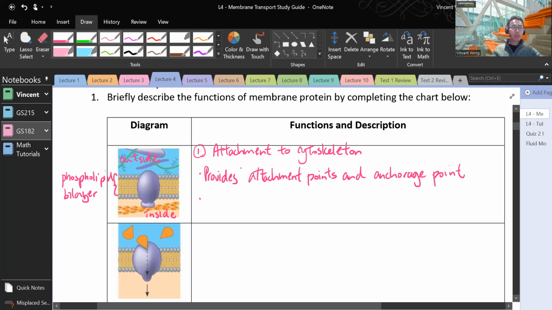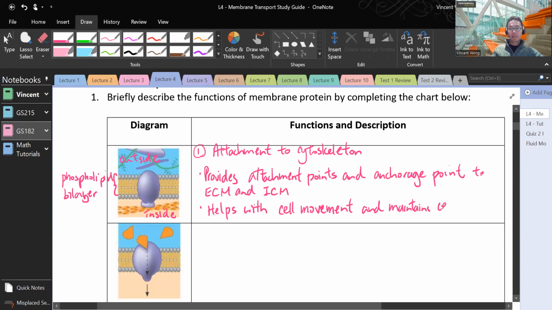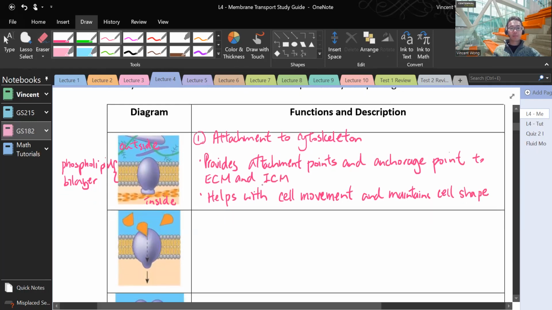By attaching to these proteins, we can say anchorage point to the extracellular matrix and intracellular matrix. That just means all the fibers that you find outside the cell and inside the cell. And that helps with cell movement and maintains cell shape. Okay, that's the first function.